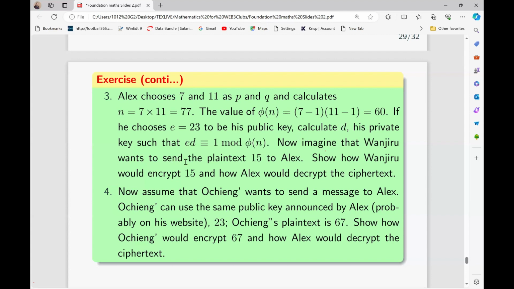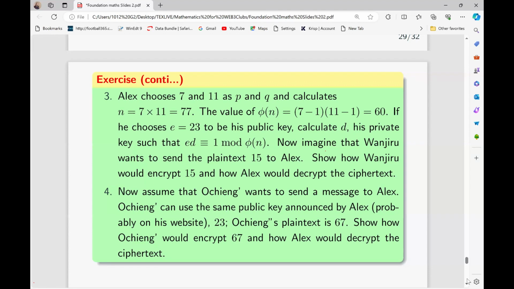Now imagine that Jill wants to send a plain text of 15, show how she would encrypt 15. So that's the same thing. That is not the question I wanted to look at.